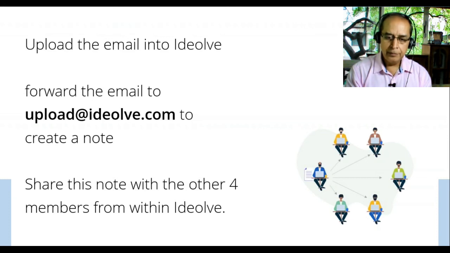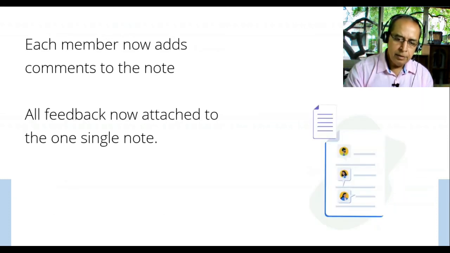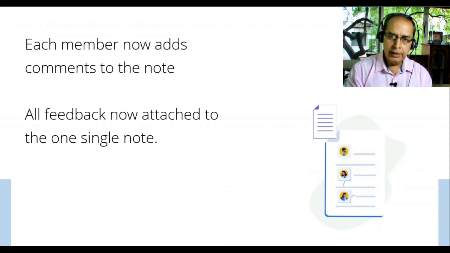Now each of the team members will also log into Ideolf and post their comments on the note, and they can continue to post comments back and forth. Everything is on the same note, everything is in chronological order, and everything is at the same point.